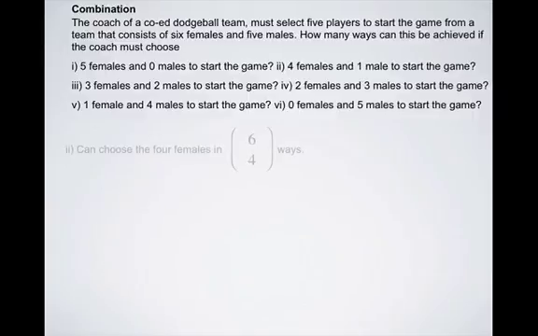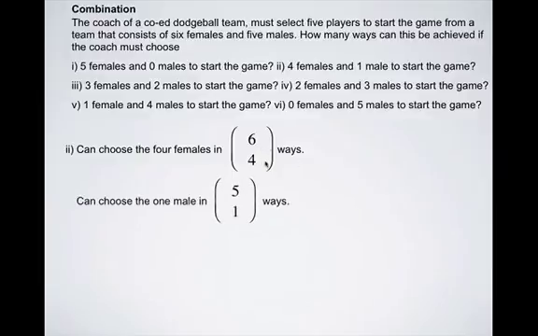So next, 4 females and 1 male to start the game. To choose 4 females out of the 6, and since order doesn't matter because there are no positions in dodgeball, then there are 6 choose 4 ways to choose the 4 females, and 5 choose 1 way to choose the 1 male.